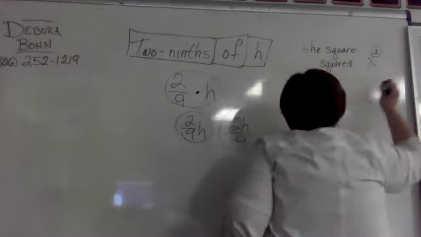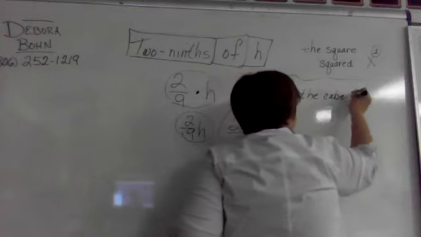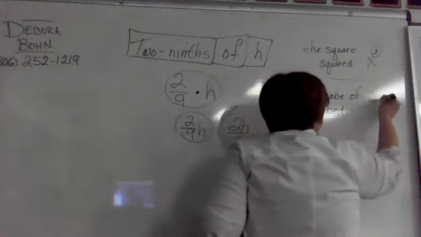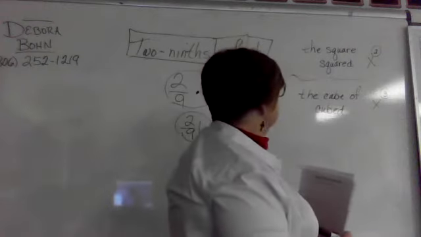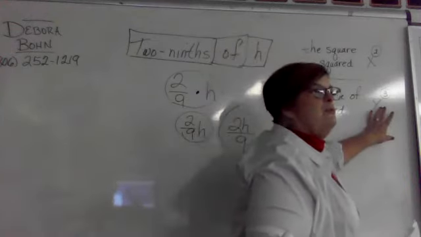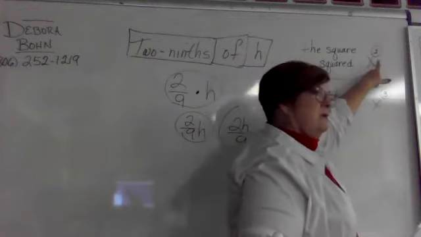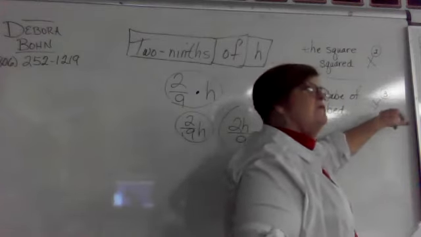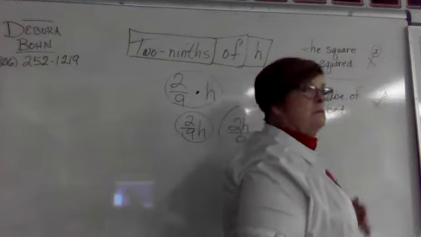And the same thing is the cube of, or cubed, means the exponent 3. Usually they say x cubed, x squared. Then when you get to a 4 and a 5, they just say x to the 4th, x to the 5th. But these use words, squared, cubed. Okay?